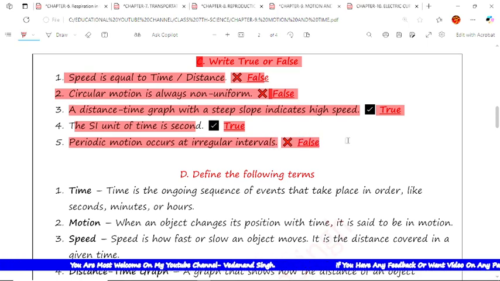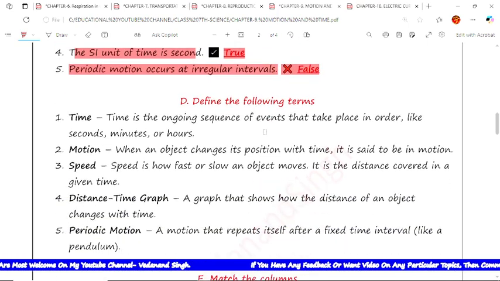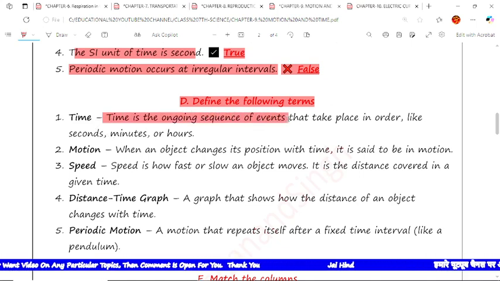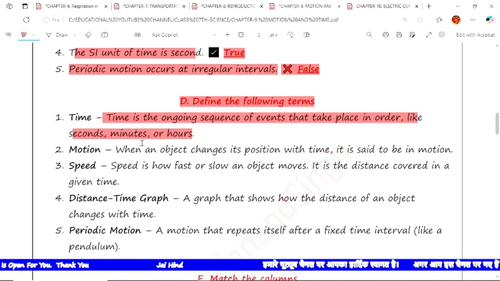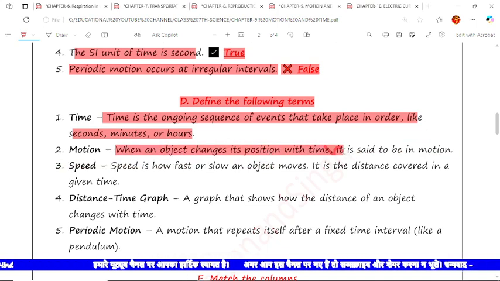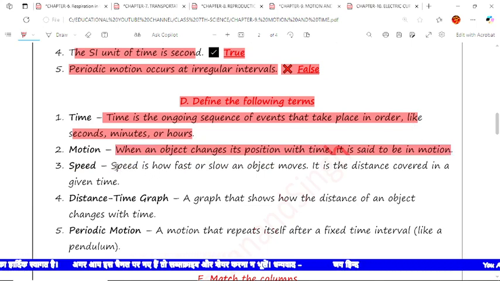No, false. Now the next type of question is define the following terms. Terms are given here and we have to give the proper definition for each term. The first is time. Time is an ongoing sequence of events that takes place in an order, like seconds, minutes and hours. Now the next is motion. When an object changes its position with time, the body is said to be in motion. Now the next is speed.